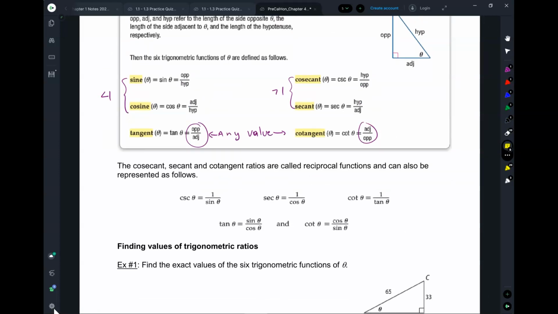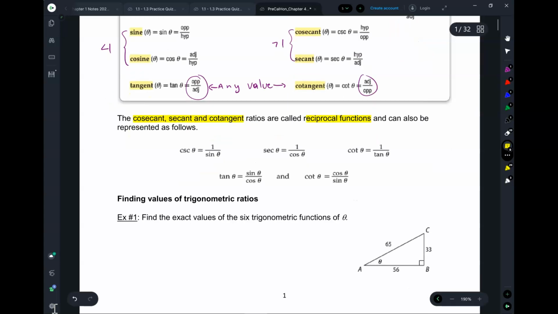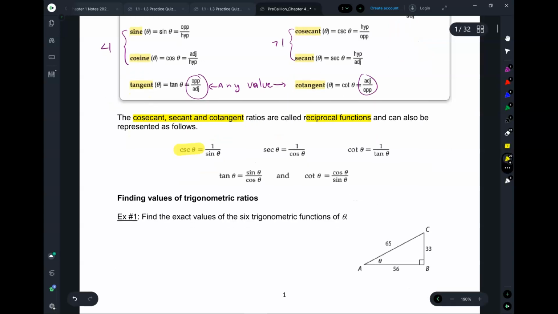The cosecant, secant, and cotangent functions are also called reciprocal functions because they are the reciprocals of sine, cosine, tangent. So you might see them written in this way. Cosecant is 1 over sine, and whenever in math we see 1 over something, it just means reciprocal, flipping over the fraction, right?